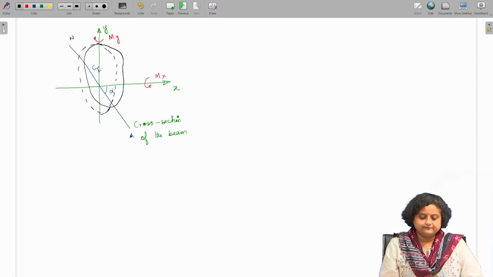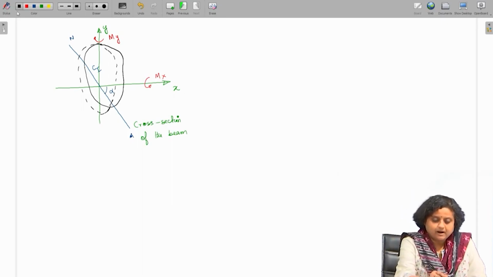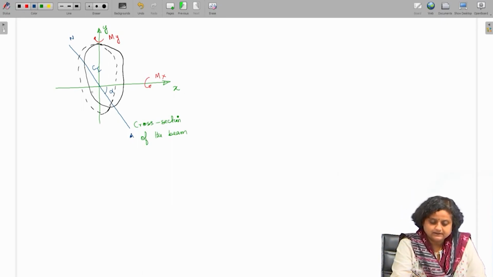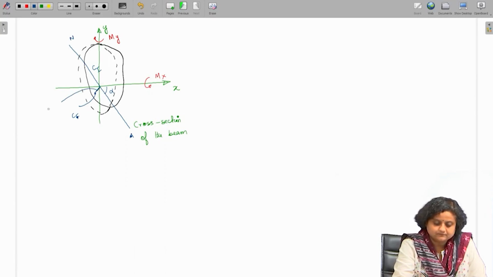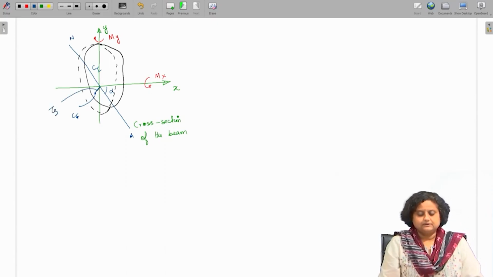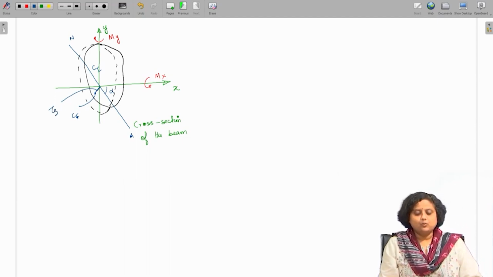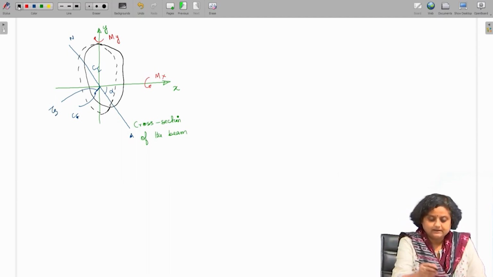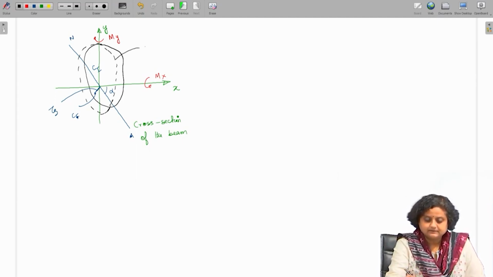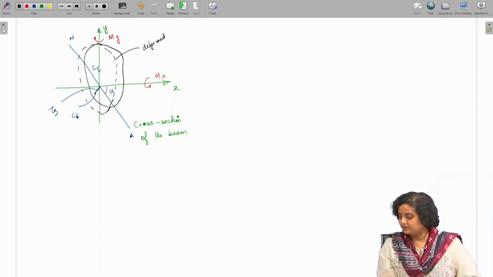Let us mark the new position of the centroid as C final, and let the perpendicular distance of this be xi. The dotted line is the deformed or deflected cross section.